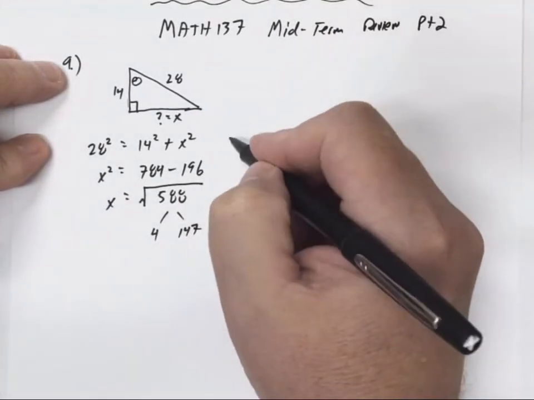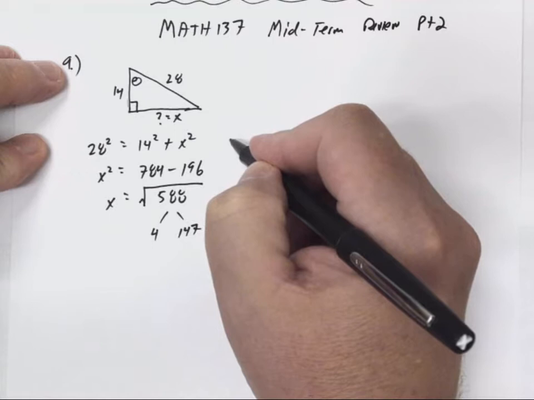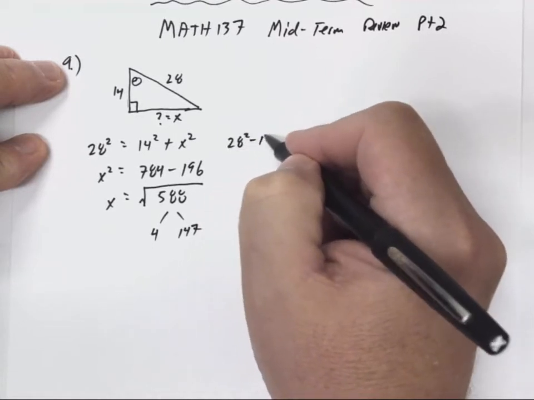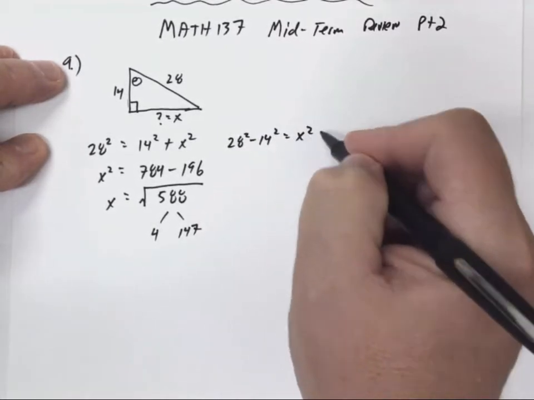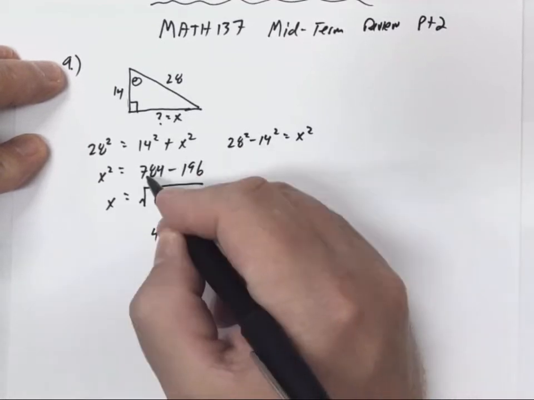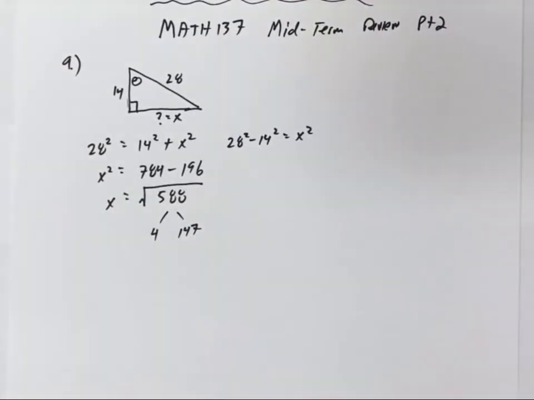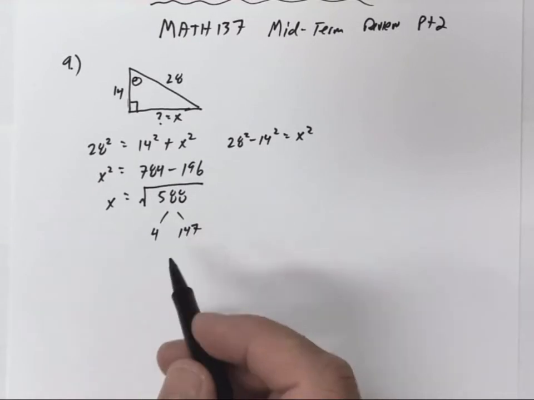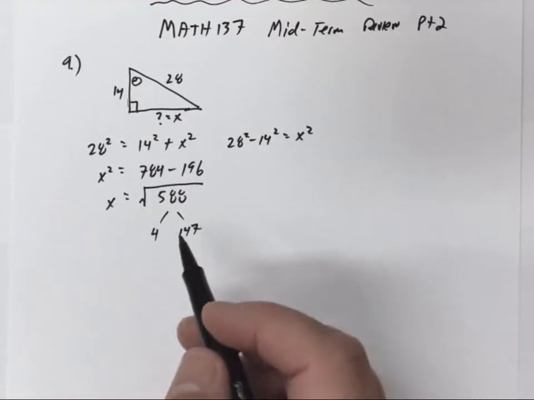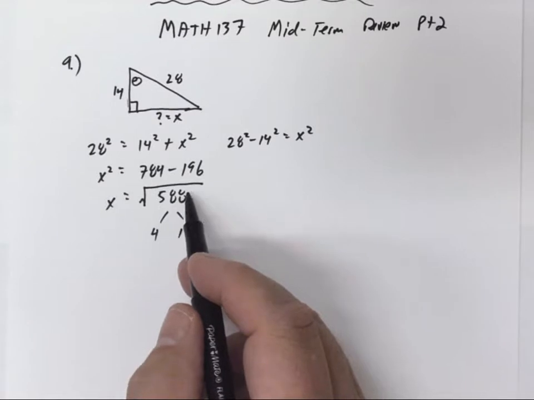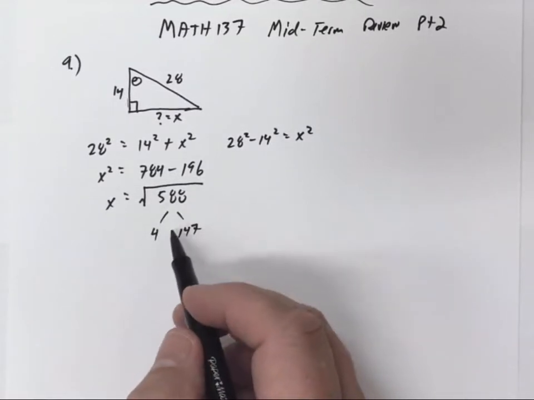So you know what I did, basically I said 28 squared minus 14 squared equals x squared. 28 squared is 784. 14 squared should be 196. 784 minus 196 equals 588. Since I'm trying to get exact answers, I can't make this into a decimal.